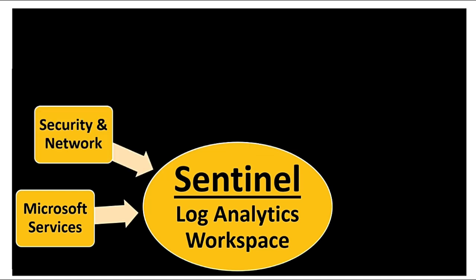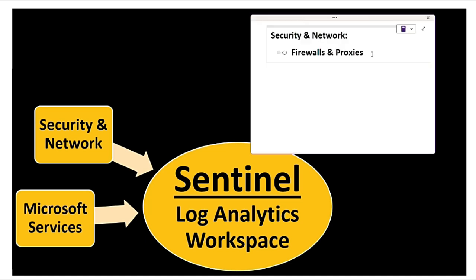Next data source is from security tools or applications and network devices. This can include your firewalls and proxy logs, for example from Palo Alto, Fortinet, Checkpoint, Zscaler. It can also include web application firewalls, for example Azure WAF or F5 or Imperva.